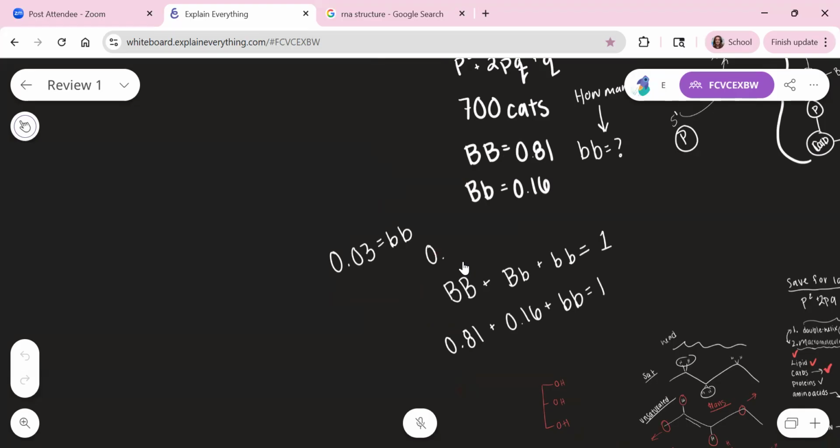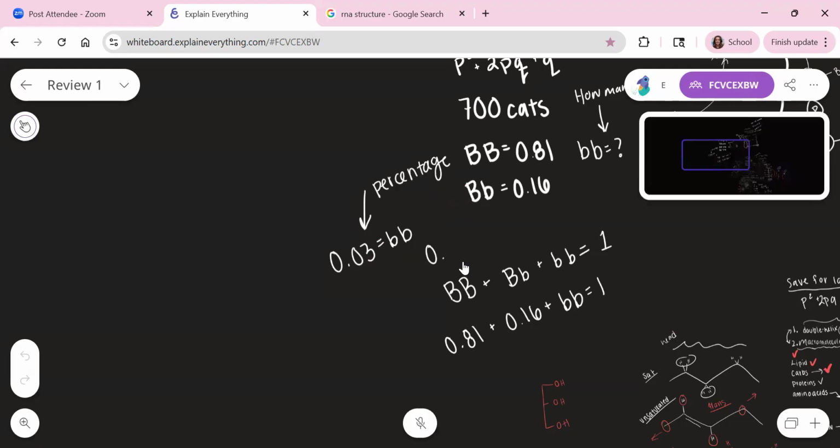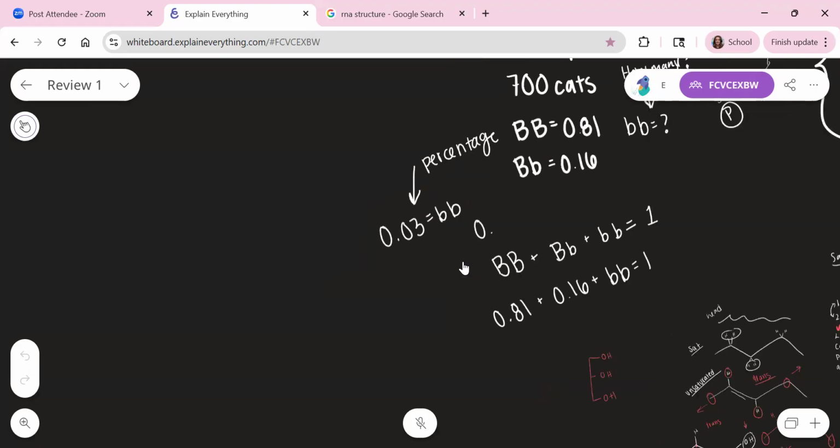And so this is a percentage, or we can turn it into a percentage. Technically, if we multiplied this by 100, this would be 3%. 3% of the total population are BB.